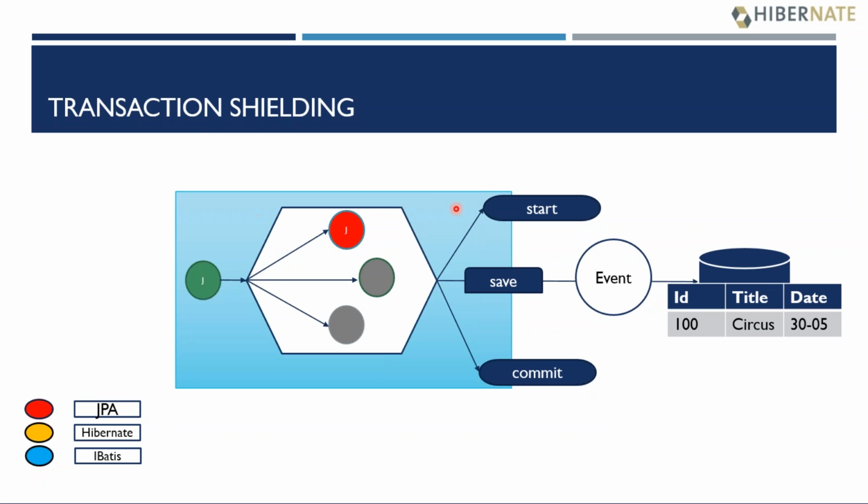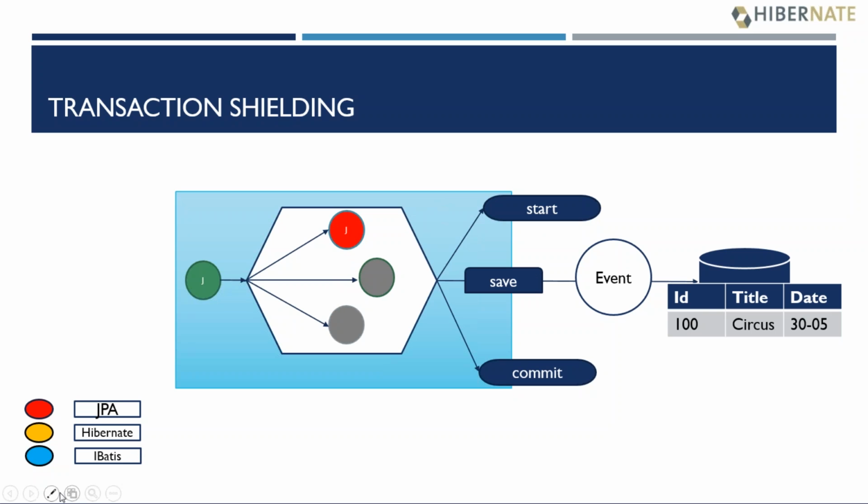So for your Hibernate application, that is what we call transaction shielding. Whatever underlying logic each framework specifically uses to handle the transaction, we need not bother about that. You just have to specify start, save, and then the commit.